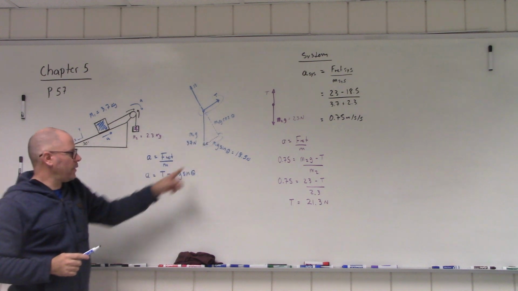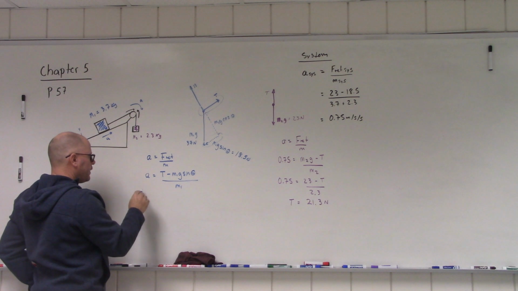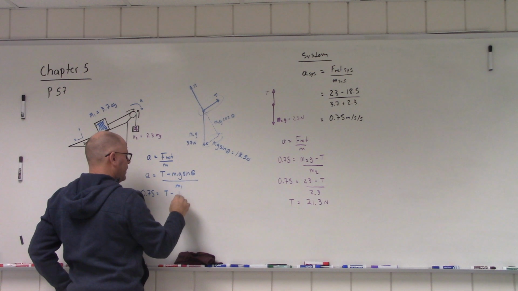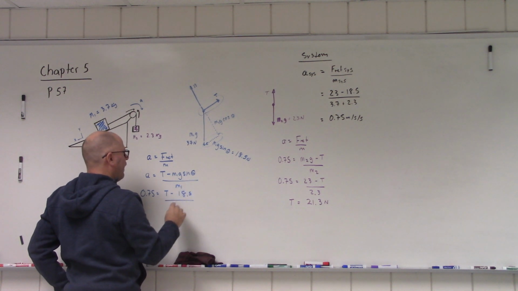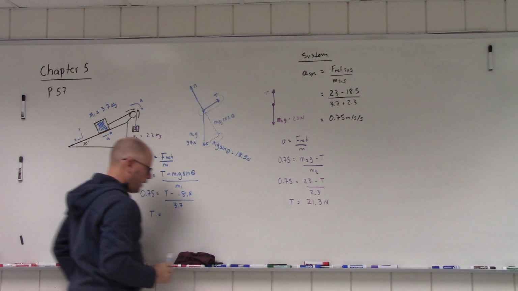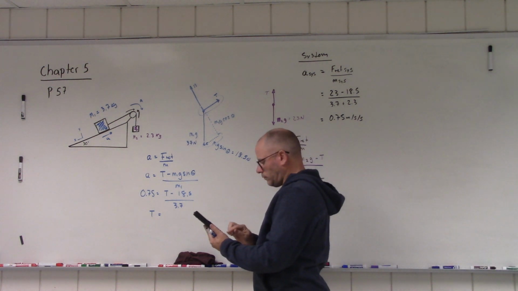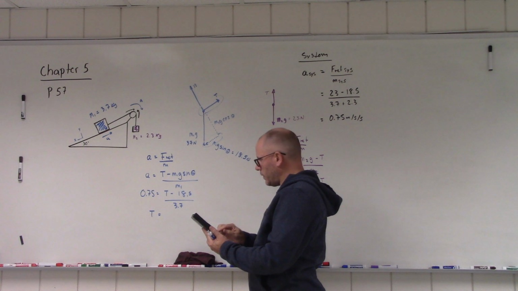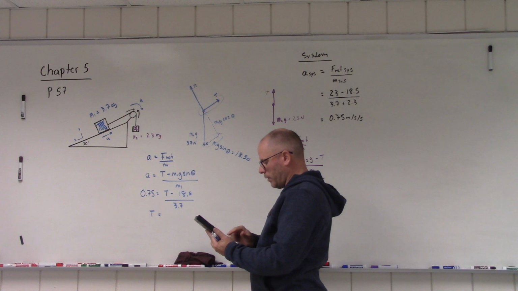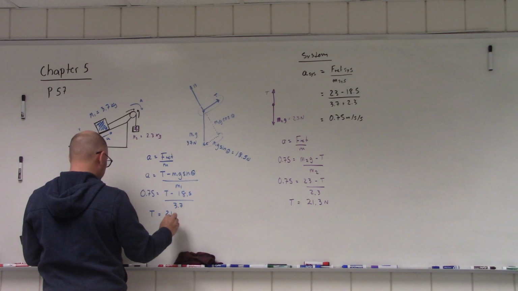We know that T is bigger, so I do T minus that, and this is all over m1. So the acceleration is the same because it's all tied together with a string. This is 18.5. m1 was 3.7. I will do it in real time for you. So 0.75 times 3.7, plus 18.5. All right, we got T is equal to the same, 21.3.